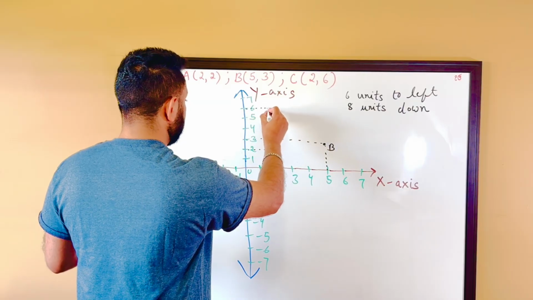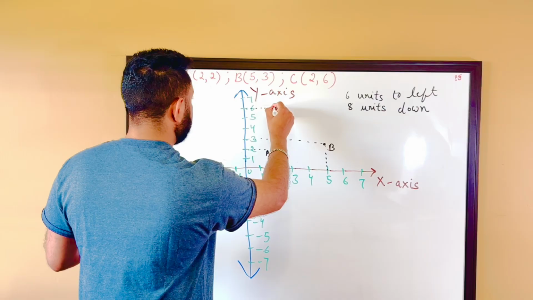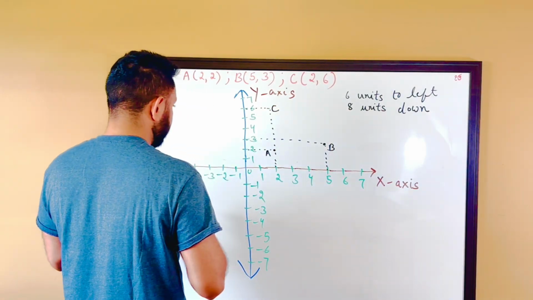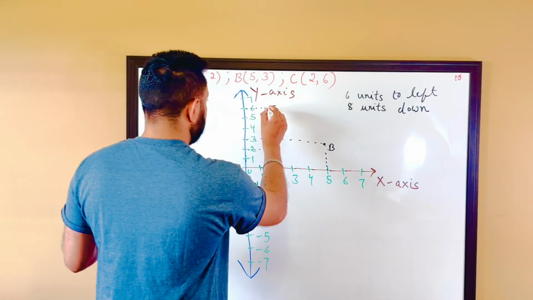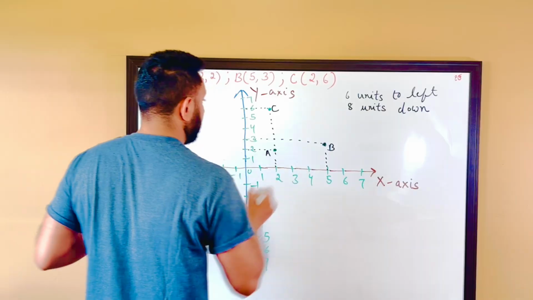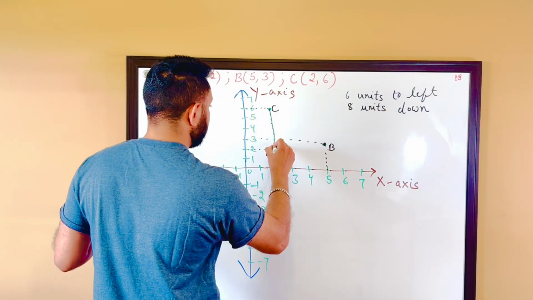So that means this is the C point. So this is C, this is A, and this is B. Now we're gonna join these points.